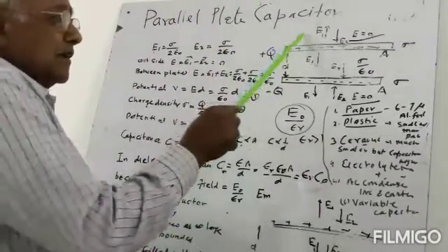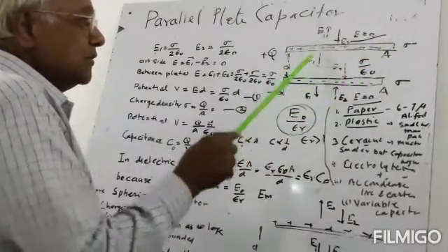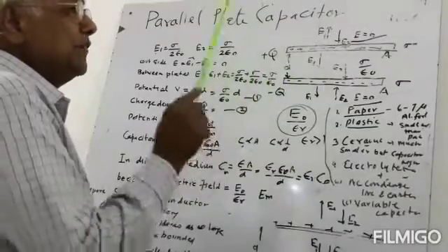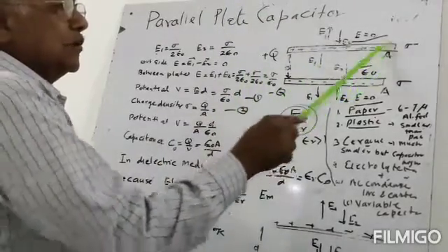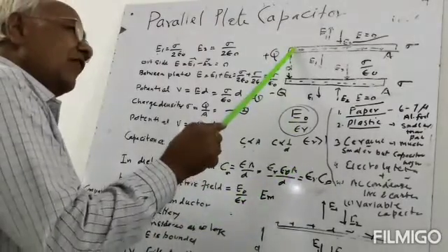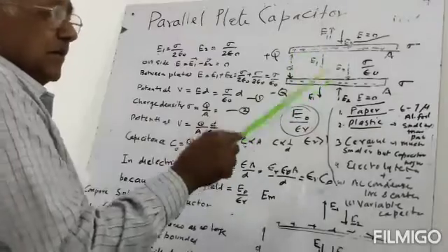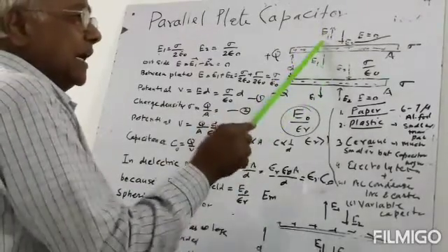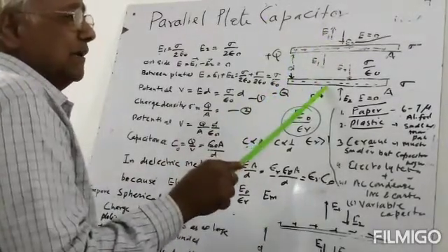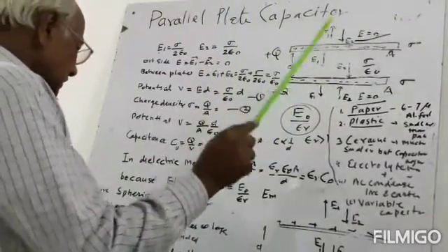Therefore the distance d between the plates should be very, very small in comparison to A. And when d is very small, only then do these two plates behave like an infinitely charged sheet.